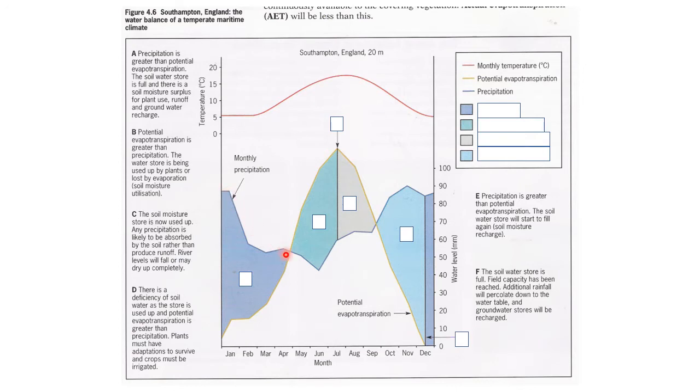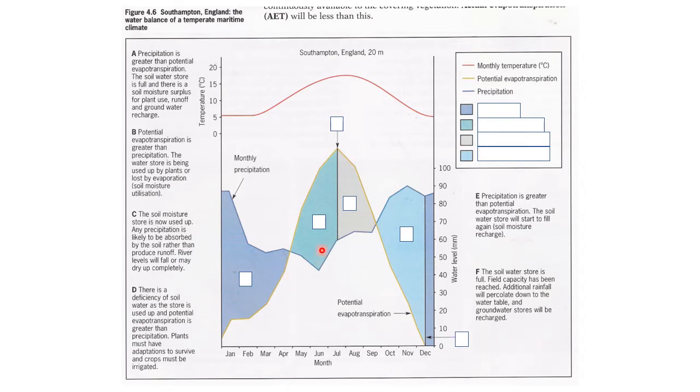Then in spring it's getting warmer, so the amount of evapotranspiration is increasing. And evapotranspiration, remember, isn't just evaporation, it's also the plants. The trees will start growing leaves, so the amount of transpiration is increasing. This point often happens in about April, the changeover from when precipitation is greater than evapotranspiration, and now evapotranspiration is greater than precipitation.